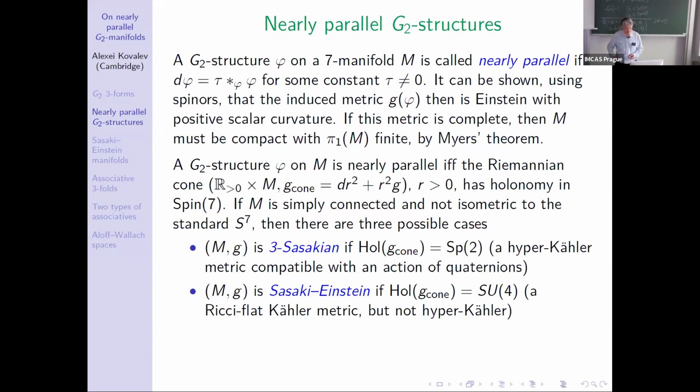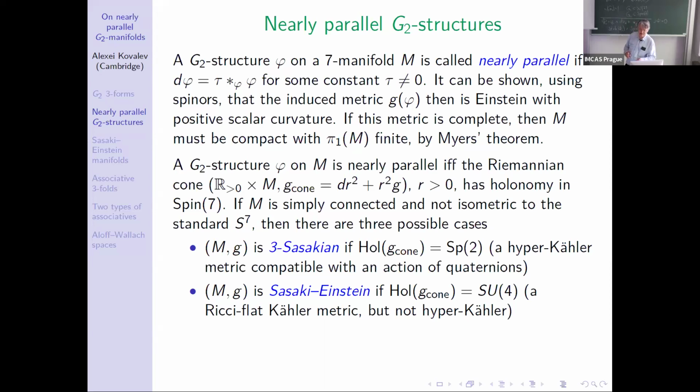Another possibility is if the 8-dimensional cone has holonomy SU4. So SU4 means that we have a parallel Kähler form and a parallel non-vanishing holomorphic 4 form. That's the defining property of a Calabi-Yau space or Ricci flat Kähler space.